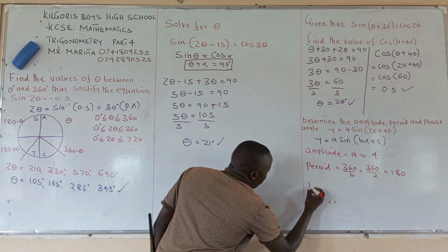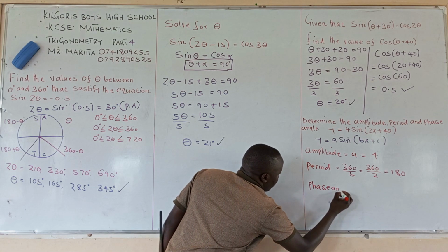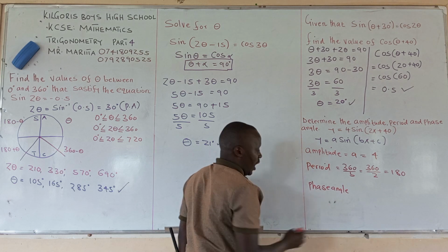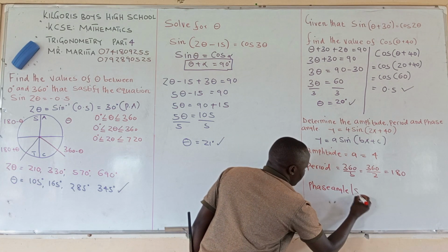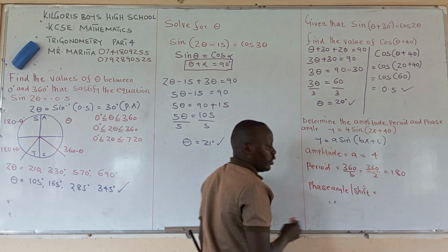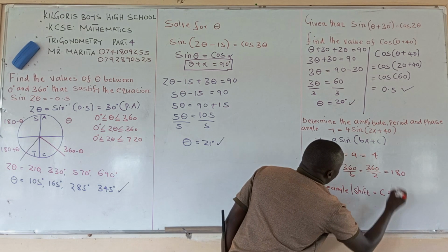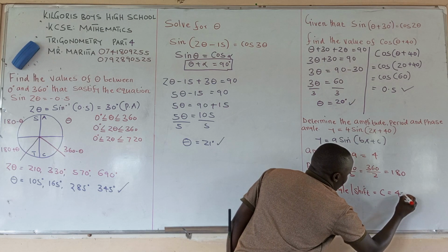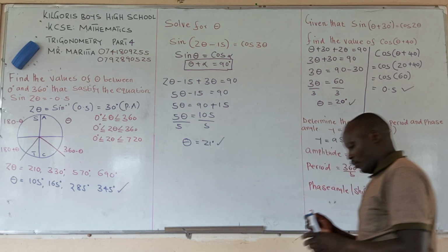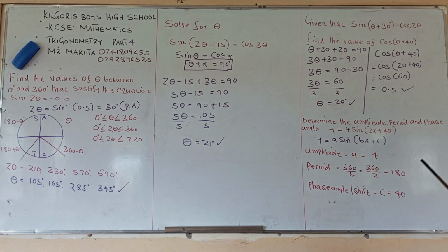Then you talk of the phase angle. Sometimes we can call it the shift angle. That one will be equivalent to that constant C, and the constant C is equivalent to 40. This is one of the easiest questions that somebody is not supposed to miss.